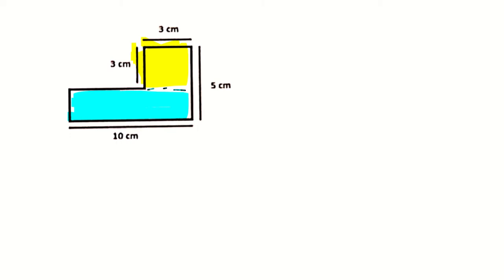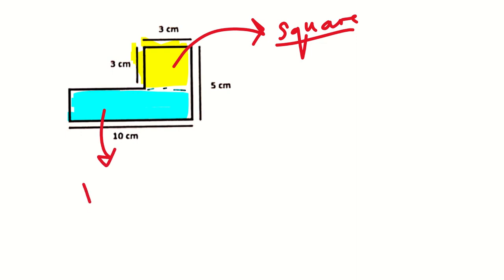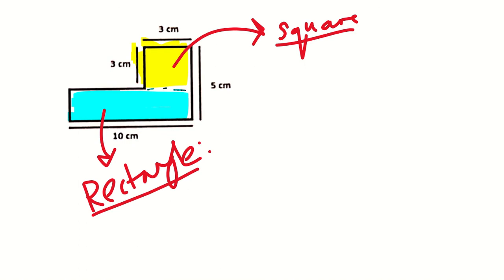There we go. So now we've turned that funky L-shaped thing into two manageable shapes. We have a square and a rectangle. So we've done step one. We've separated into individual shapes.